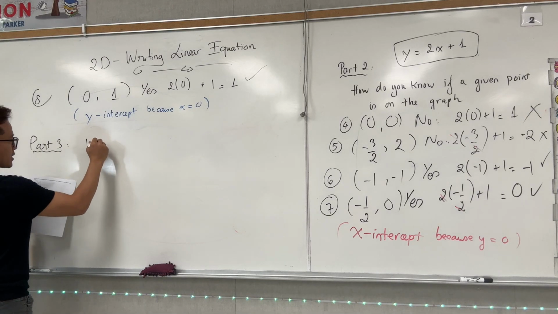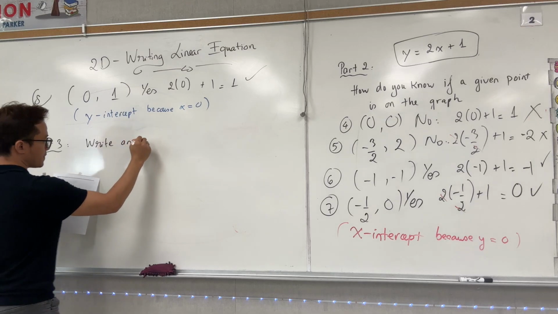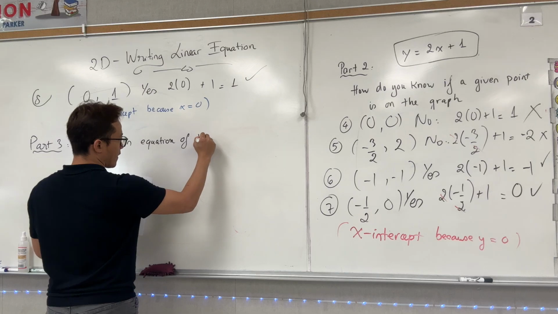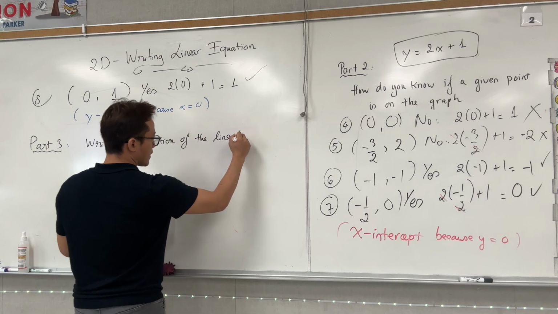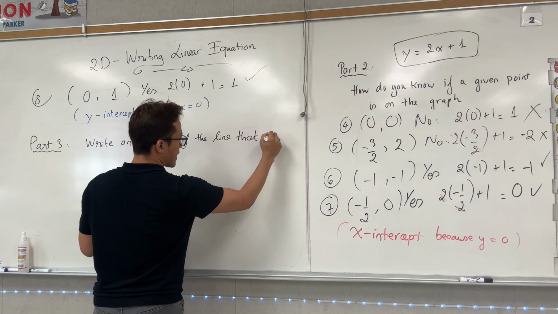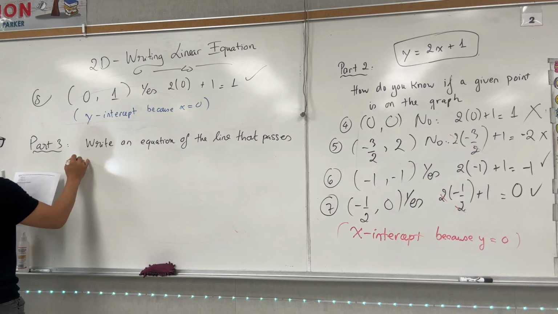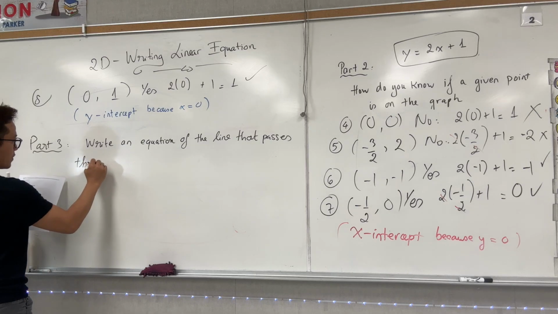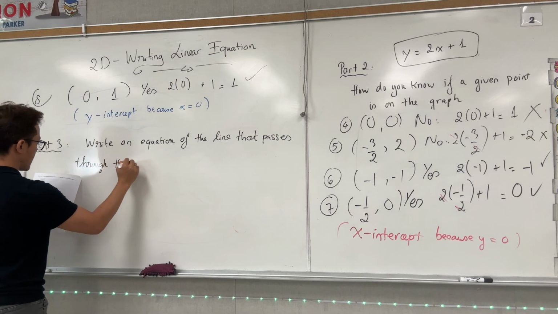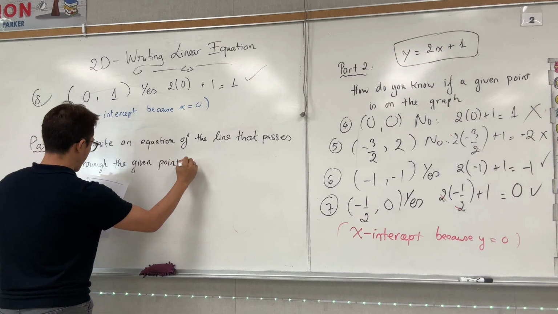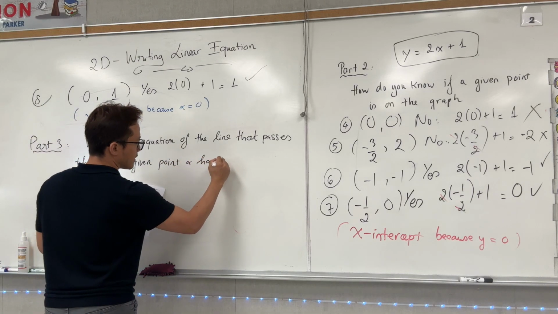Write an equation that passes through the given point and has the given slope.